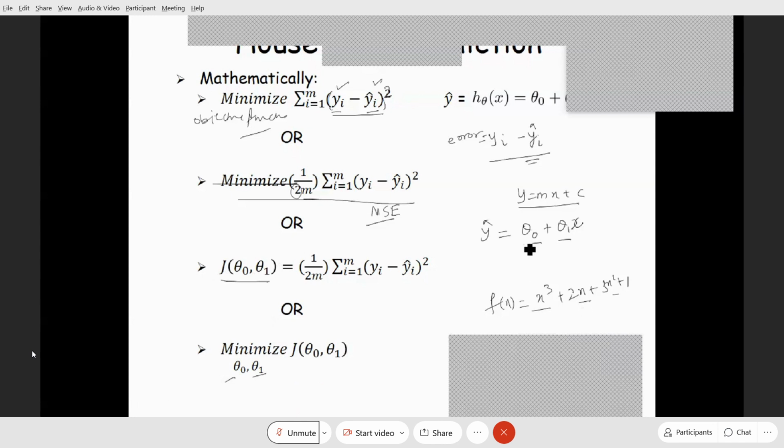So for all given x and y, we are interested in finding the optimal value of theta 0 and theta 1. Don't confuse yourself a lot. I'm going to work out everything here, even if it may sound a little confusing. I'm sure I'll clear this in one or two slides.